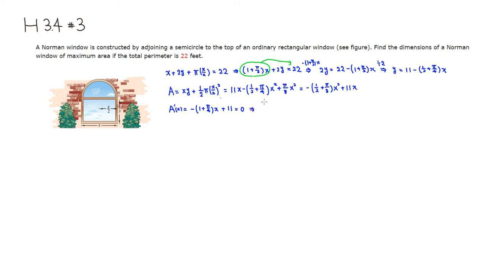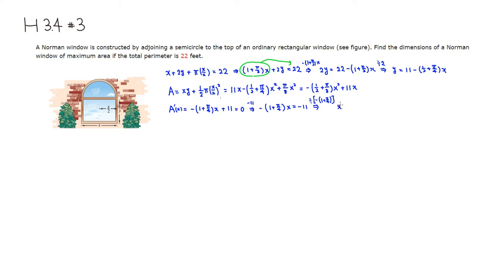So first subtract 11, so you have negative 1 plus pi over 4 x is equal to negative 11. And then we can just divide through by negative 1 plus pi over 4.